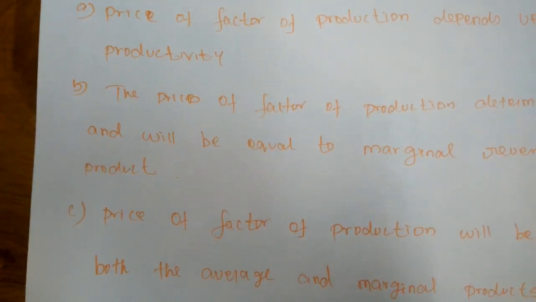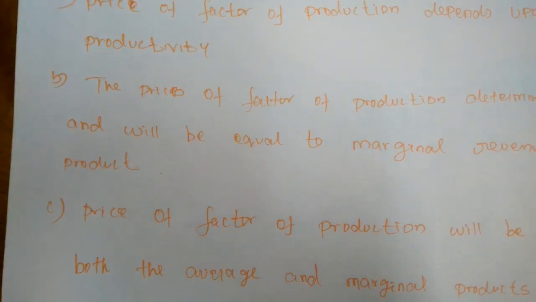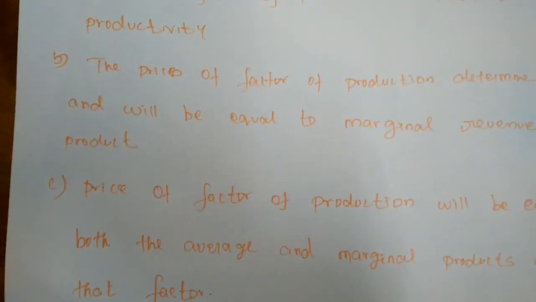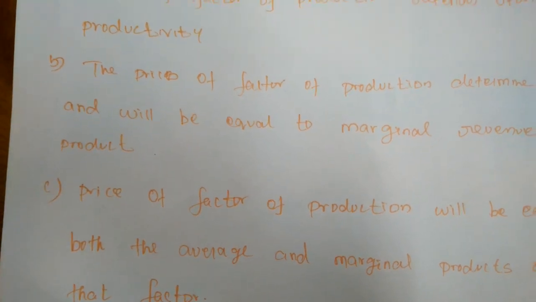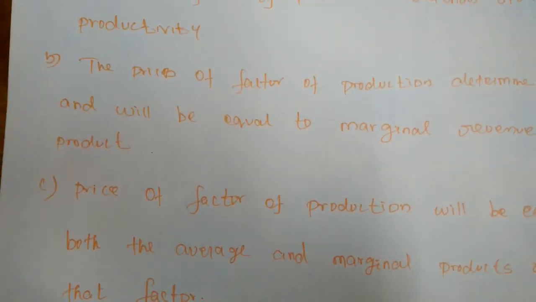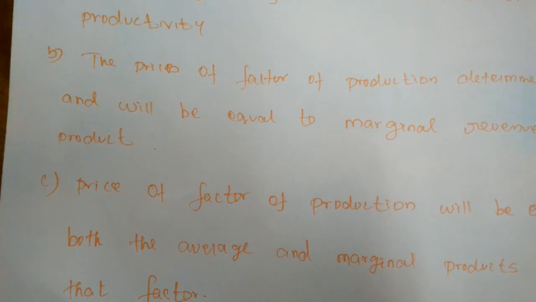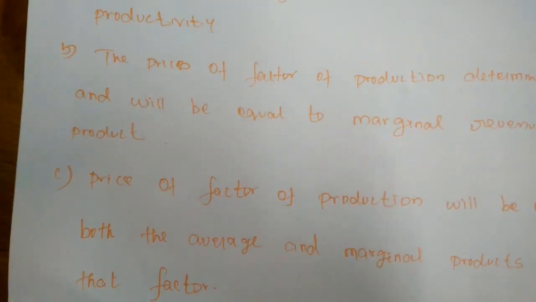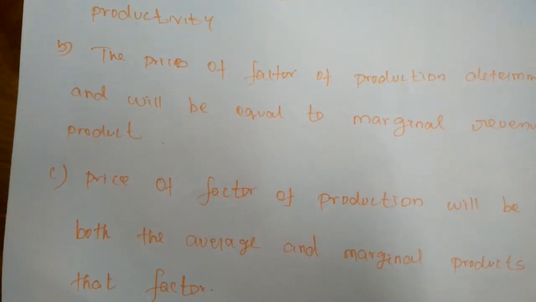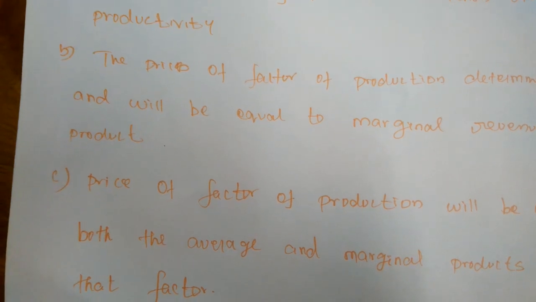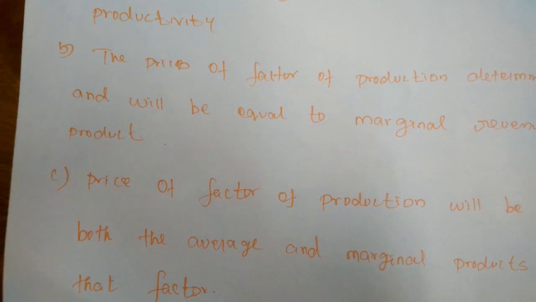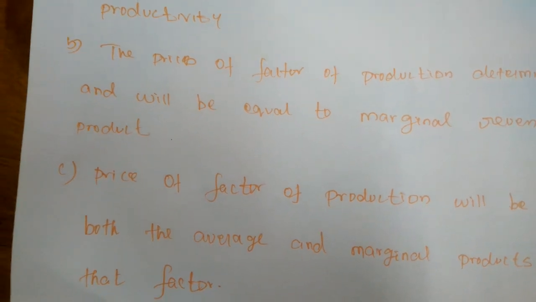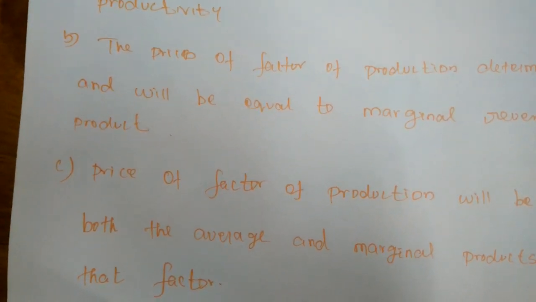Again, if the producer applies more labor or factors, the productivity diminishes and the marginal revenue will decrease, or be equal to the marginal cost. Then the producer or entrepreneur will not get any gain. After that particular point, he will stop arranging the factors of production.